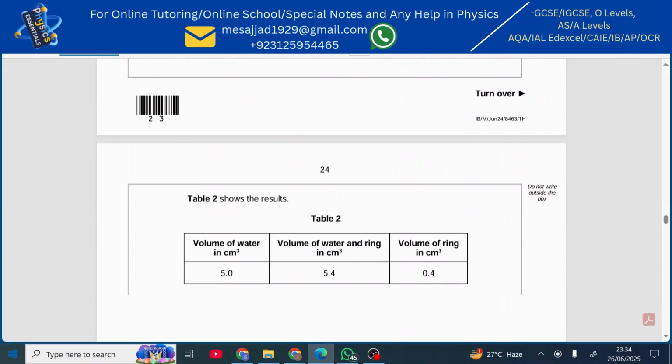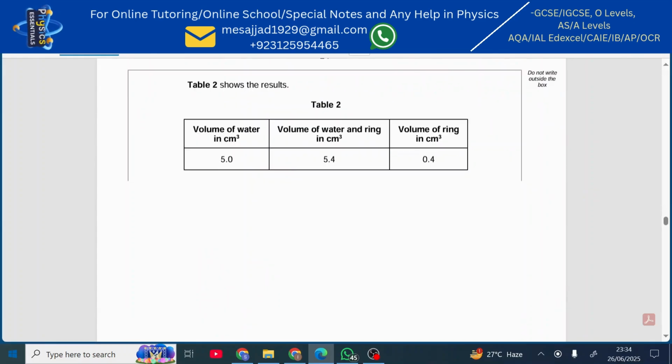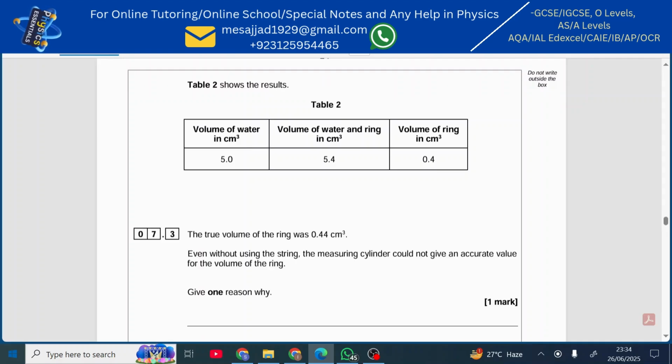7.3. Table 2 shows the results: volume of water in cubic centimeters. The true volume of the ring was 0.44 cubic centimeter. Even without using the string, the measuring cylinder could not give an accurate value for the volume of the ring. Give one reason why.